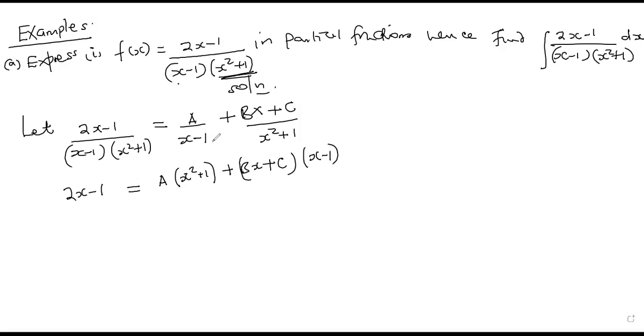I've just taken the LCM, and the LCM here will be x minus 1 times x squared plus 1, it will cancel with this. So I remain with 2x minus 1 is equals to A.